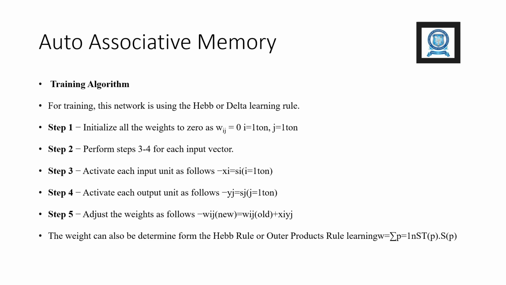Activate each output unit as follows: yj is equal to sj, for which j is equal to 1 to n. Step 5. Adjust the weights as follows: wij(new) is equal to wij(old) plus xi yj. The weight can also be determined from the Hebb rule or outer products rule. W is equal to summation of p equal to 1 to P, s(p) transpose into s(p).